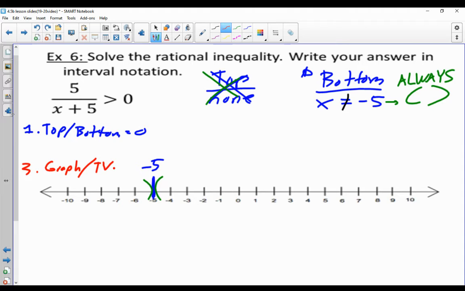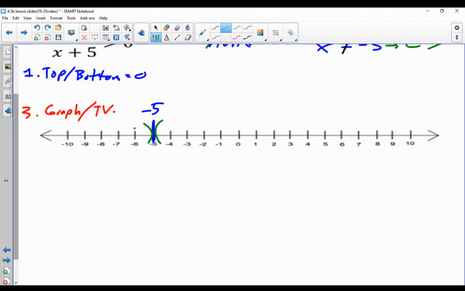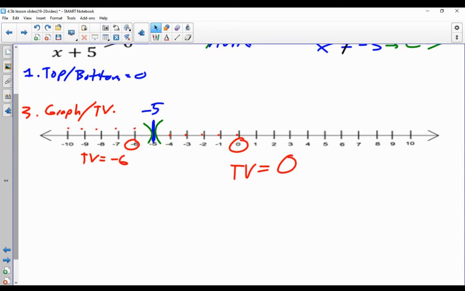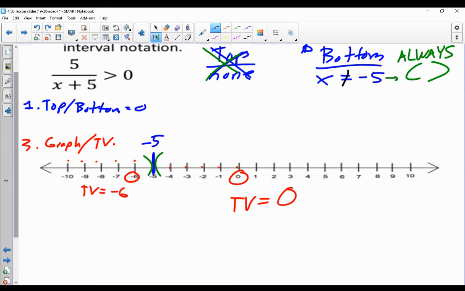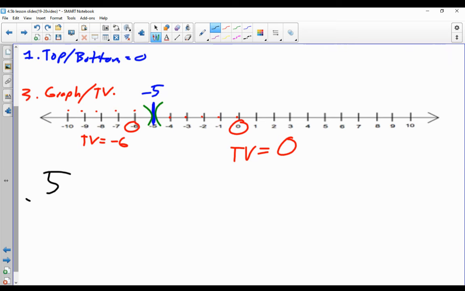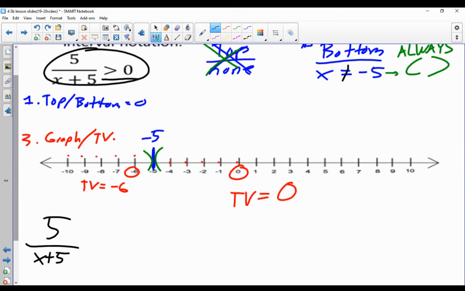So our test values, we can pick anything for this side. I'm going to go ahead and pick a test value of -6 on this side. I can pick anything on the right side for the second interval. And I'm going to pick 0 because that's the easiest thing to plug in. All right, so those are test values. And we're going to use this function to solve. So 5 all over x plus 5, and it is greater than 0.